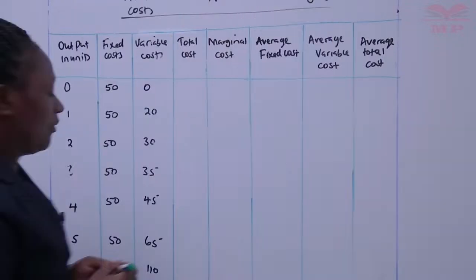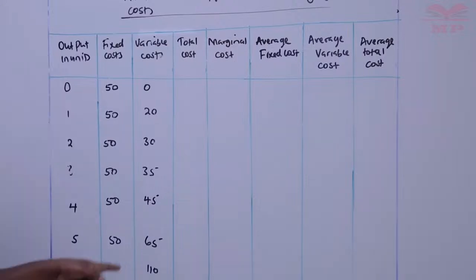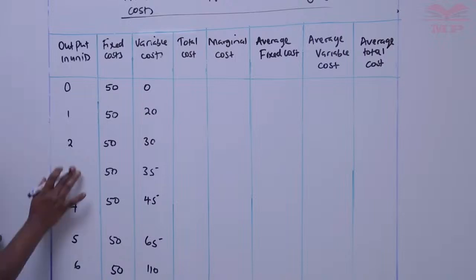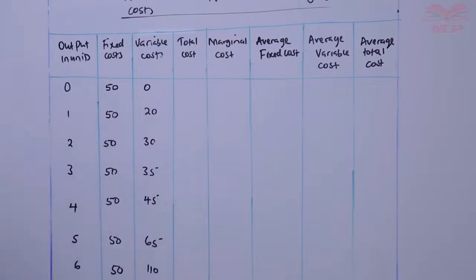We said that fixed costs will remain constant all through. So fixed costs are not changing. Output is increasing by 1 unit, and then these are the variable costs that we've been given.